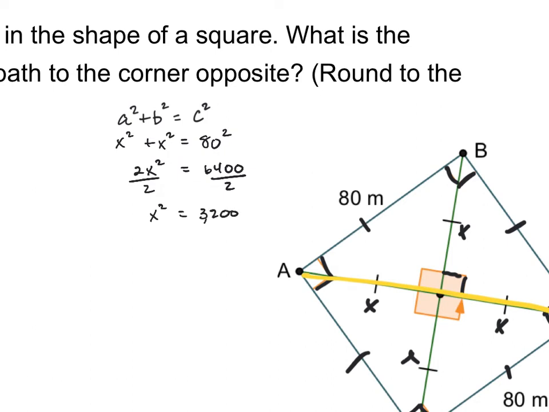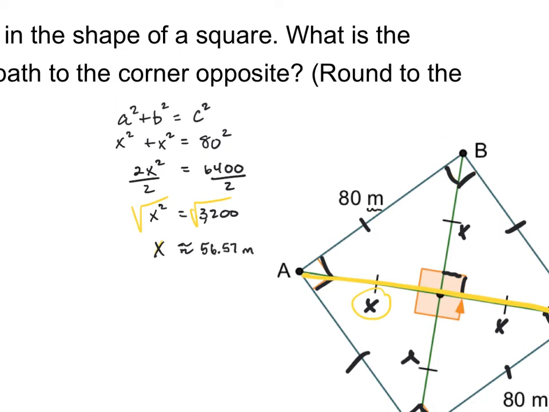Find the square root of both sides, because I want to find out what this value is. So x is going to be approximately 56.57 meters.